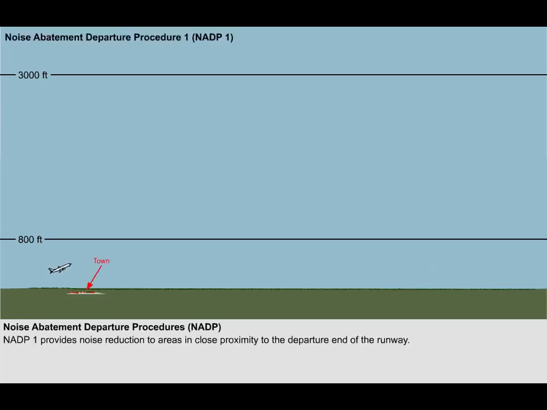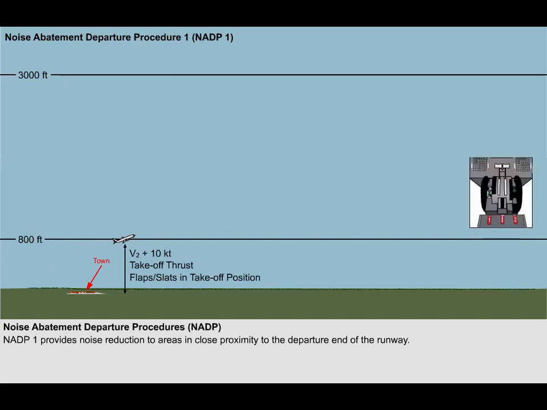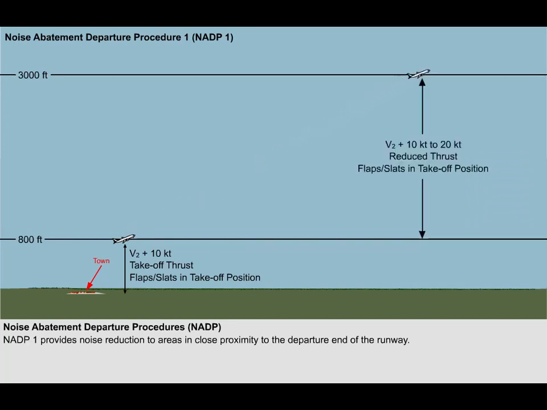Noise Abatement Departure Procedure 1 involves initially climbing to 800 feet above aerodrome level at no less than V2 plus 10 knots. On reaching 800 feet, adjust and then maintain engine power in accordance with the noise abatement schedule in the aircraft operating manual, and maintain a climb speed of V2 plus 10 to 20 knots with flaps and slats still in the takeoff configuration until a maximum of 3,000 feet.